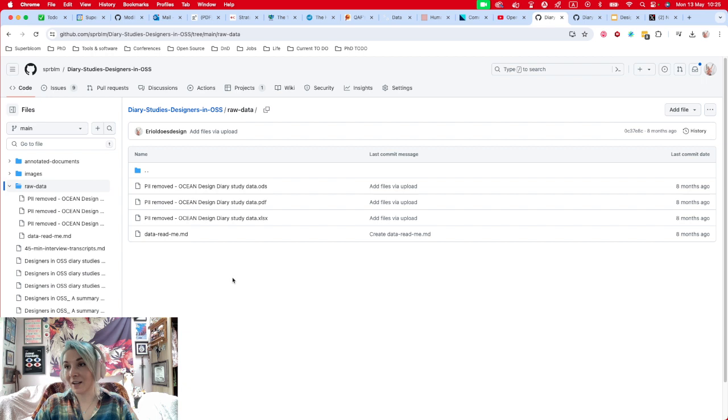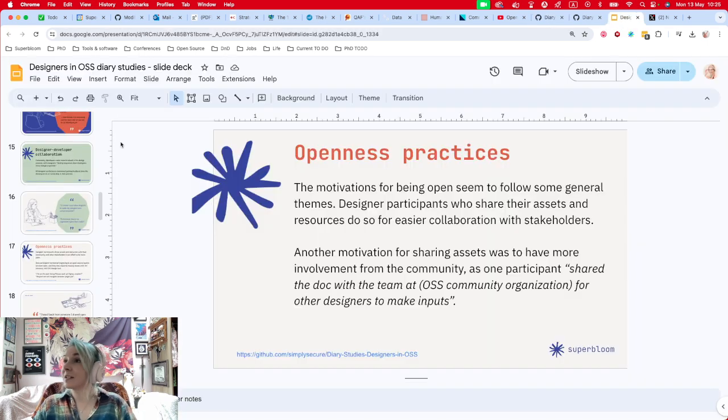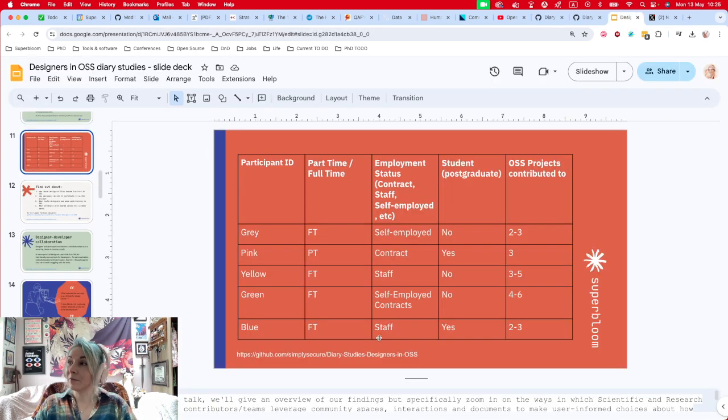But I still think that we've done as much as we possibly can to make sure that those designers stay protected and are able to talk about the challenges that they have when they're contributing to open source software. Because to go back to the demographic information of the people that we studied, we've got mostly people that are working full-time, and some people that are working part-time.